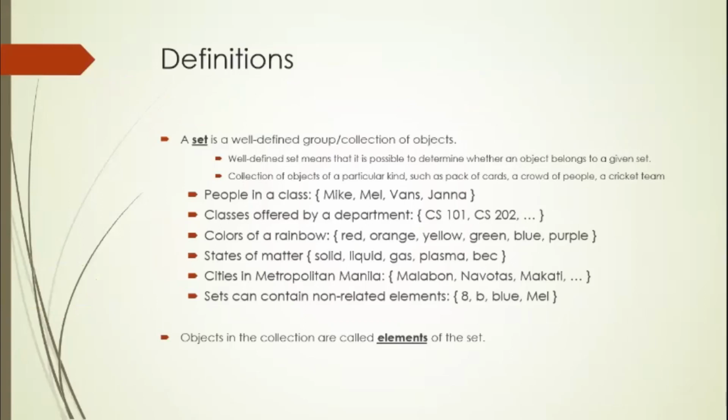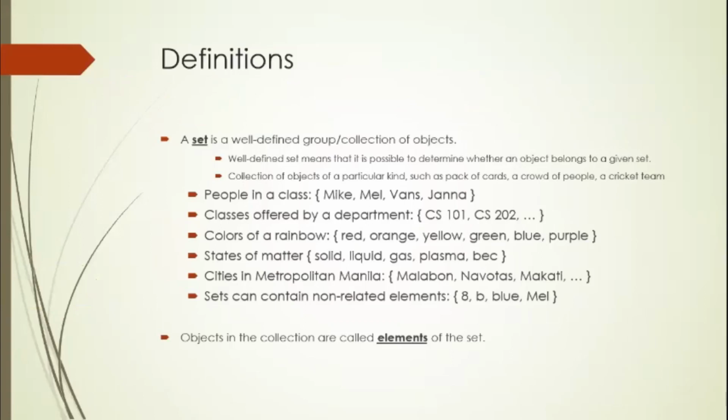People in a class comprising Mike, Mel, Vance, and Jana. Classes offered by a department: CS101, CS202, CS6202B, or CS6202C. Colors of a rainbow, states of matter, cities in Metropolitan Manila. These are examples of well-defined sets.